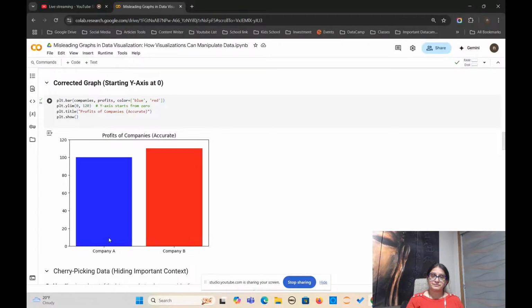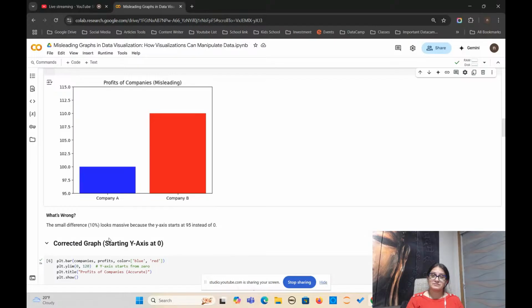The small difference of 10% looks massive because the y-axis starts at 95 instead of 0. It is showing a big difference, although the numbers are 100 and 110, only a 10% difference.